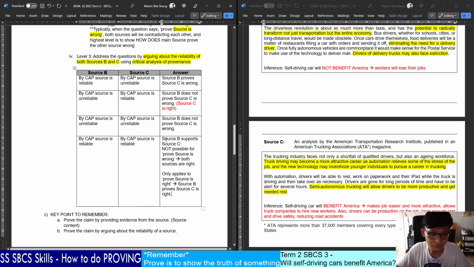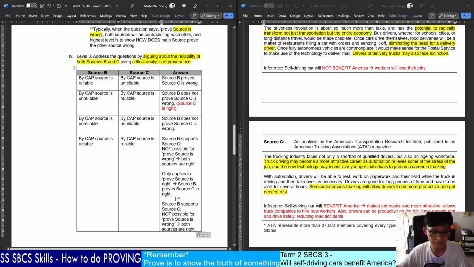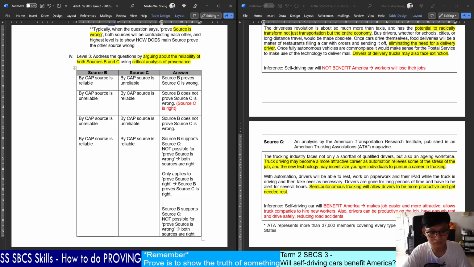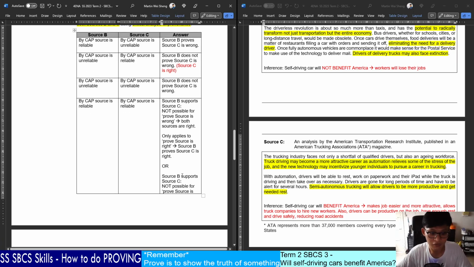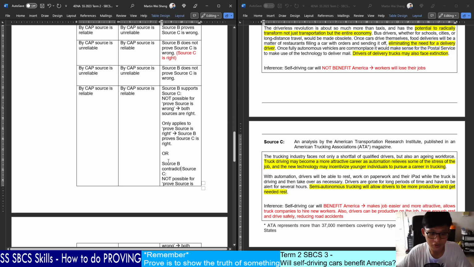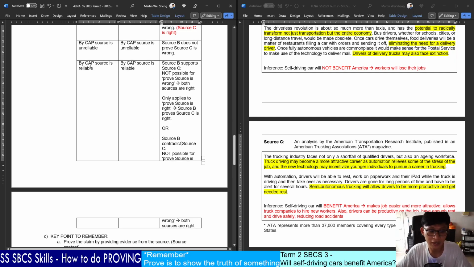Now, is it possible for source B to contradict source C, and both sources are reliable?